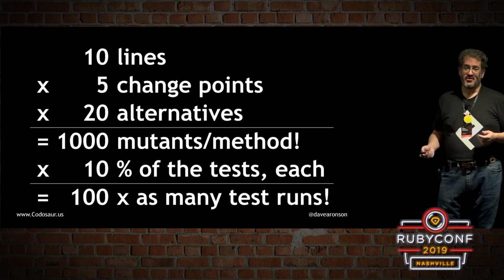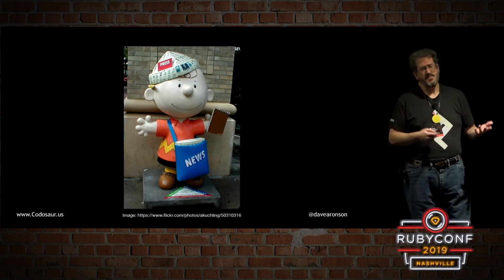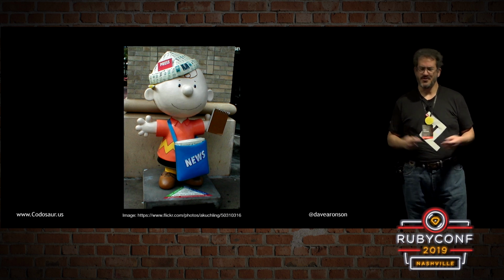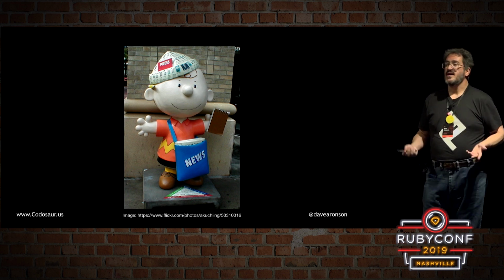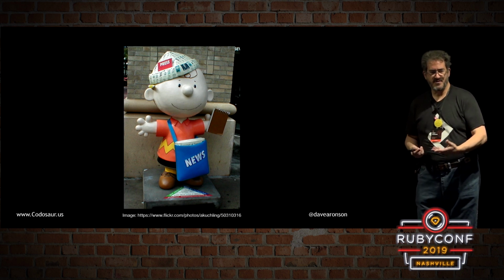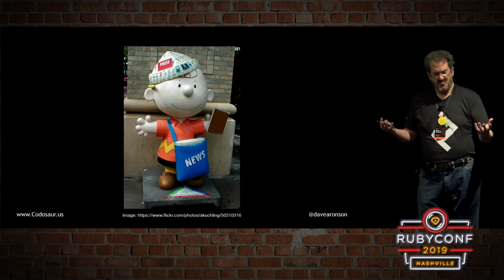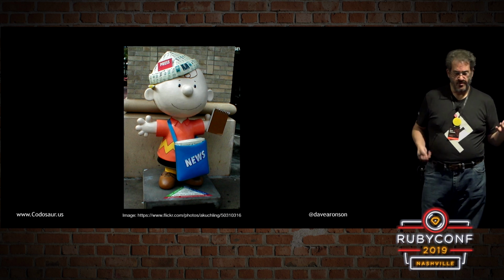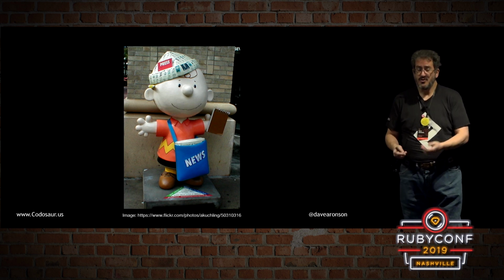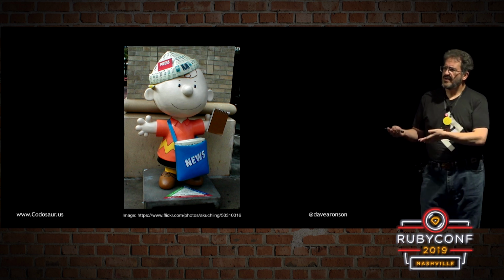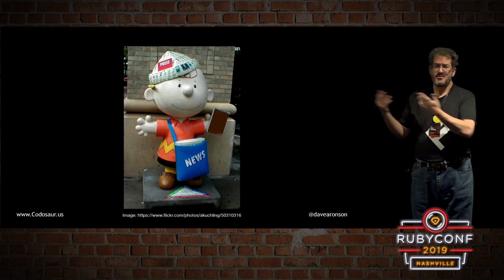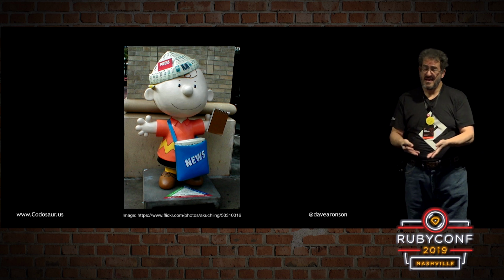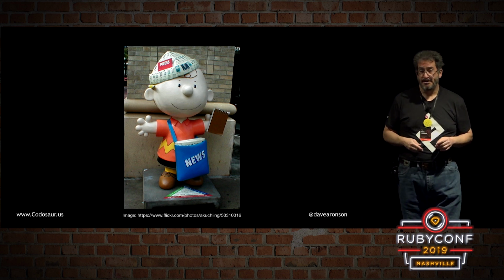But there is some good news. Over the past decade or so, there's been a lot of research on trimming down the mutant horde using techniques like weeding out those that are redundant with another mutant or semantically equivalent to the original code, or otherwise trivial, like they're going to raise an error condition that the tool can tell the code and the tests are not going to catch.